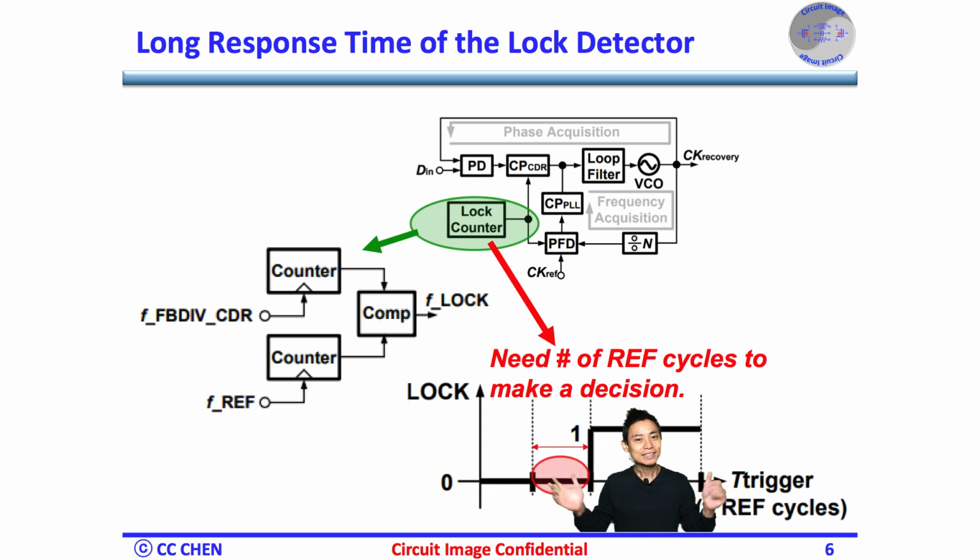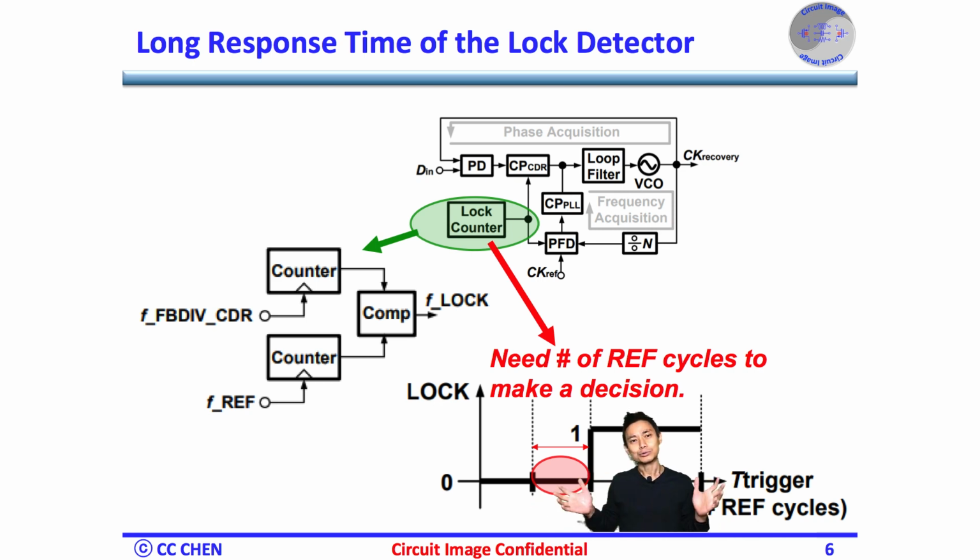Therefore, the lock detector would take time to make a decision at a certain cycle count, which is the delay or response time. Unfortunately, the lock detector could be too slow to catch the frequency drift in a timely manner. So the CDR clock frequency could drift up or down too much and malfunction the whole receiver.